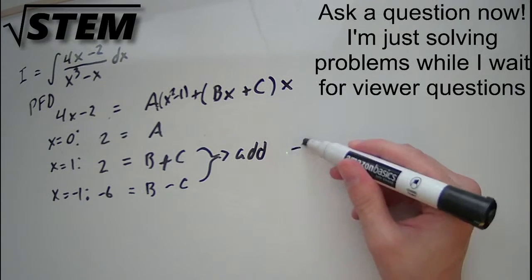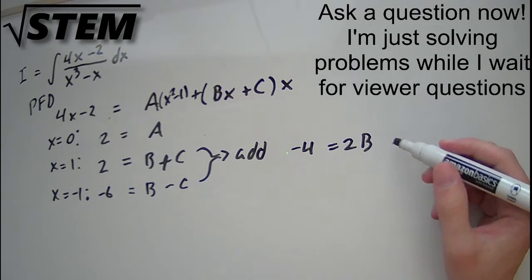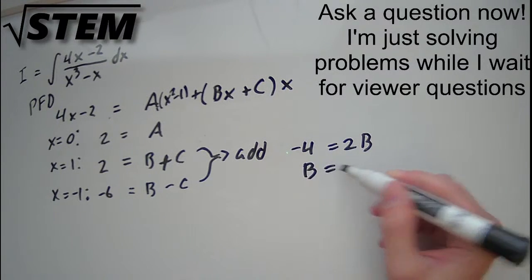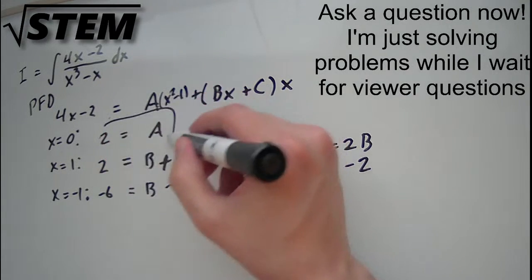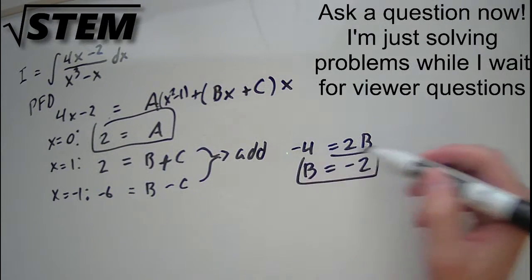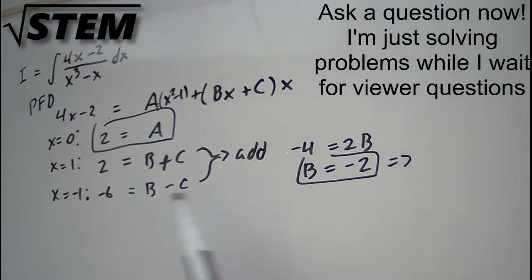We'll get negative 4 equals 2b, or b equals negative 2. Get that, and then that means that negative 2 plus c, add the negative 2, c is 0. Okay.